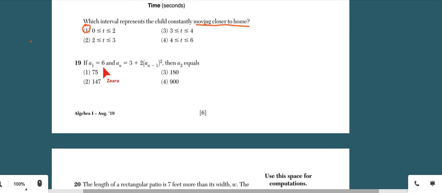Now first, let's write the formula for a2. It will be a2 equals 3 plus 2 times (2 minus 1), which is a1 squared. When I substitute n with 2, I will get this expression.